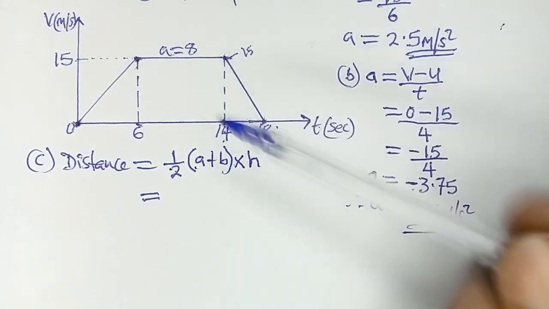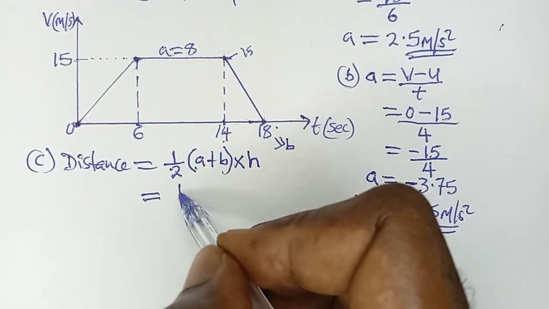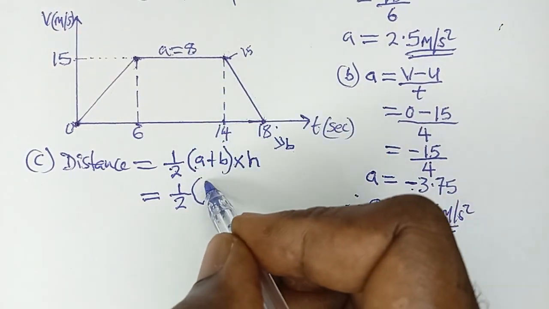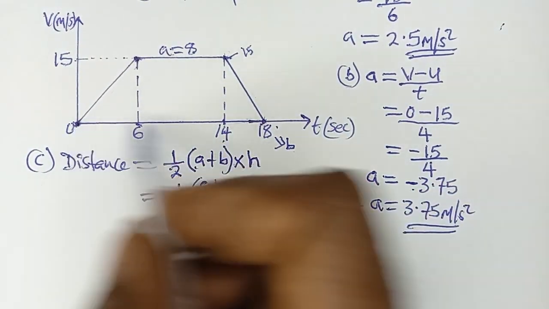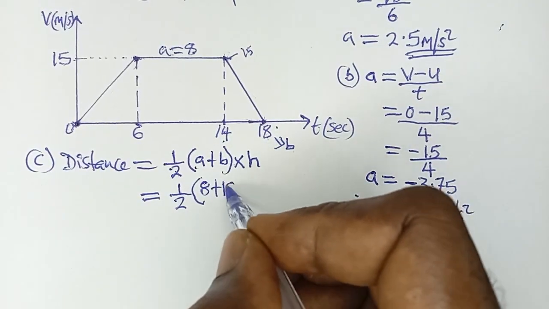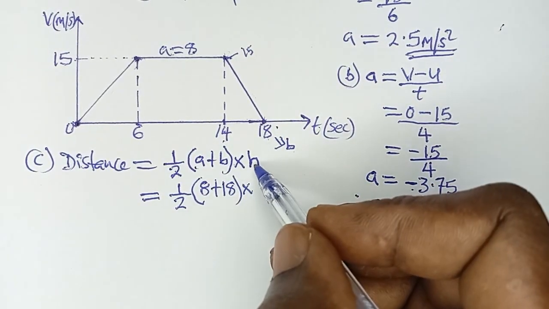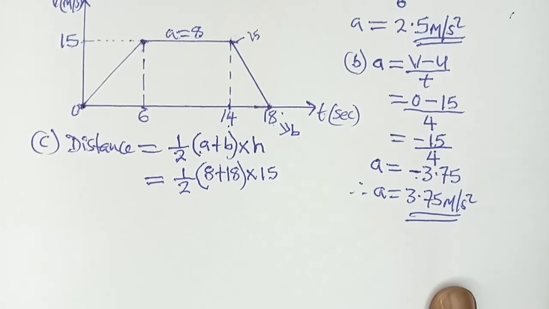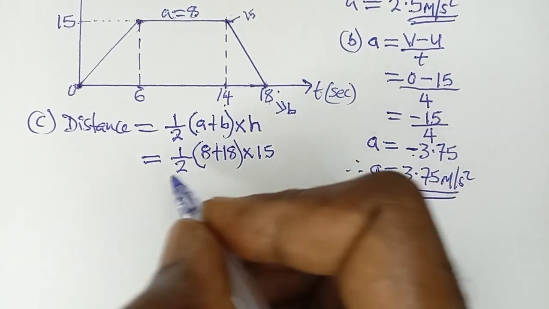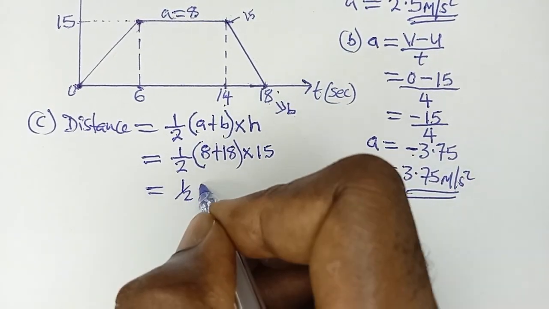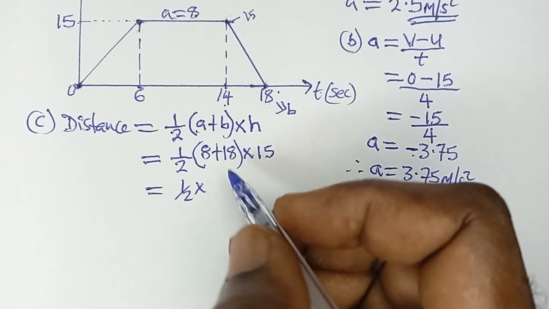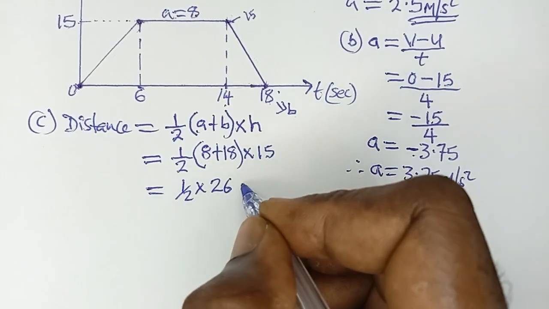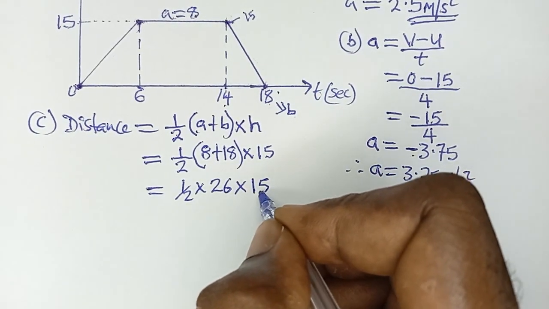So substituting values now, I have 1 over 2, brackets open, A we obtained as 8, plus B that we obtained as 18, all multiplied by the height, which is 15. So half multiplied by 8 plus 18 is going to give us 26 multiplied by 15.